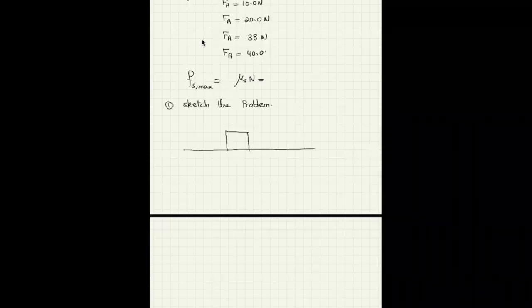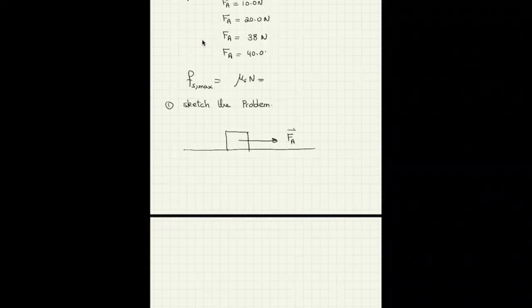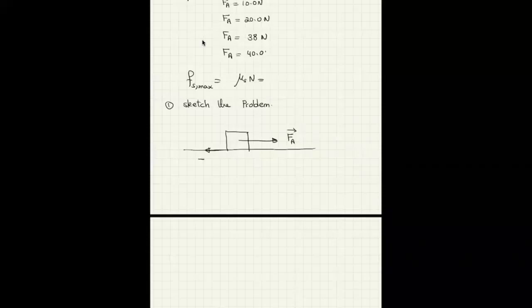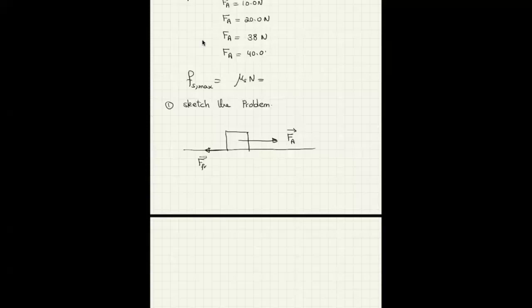The first step is sketch the problem. Okay, then here I have this surface. I have my box here, and the box was pulled by a force. We call it Fa to the right. We know also that we have force of friction. Then this is simply the sketch of the problem.